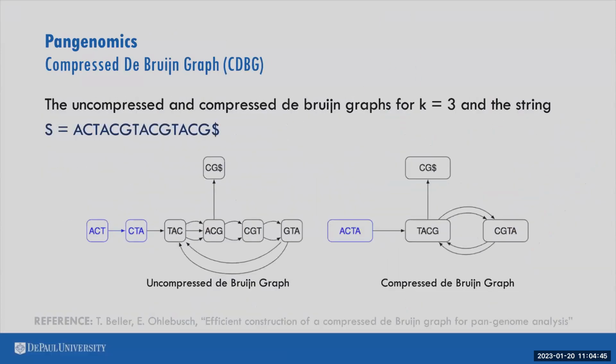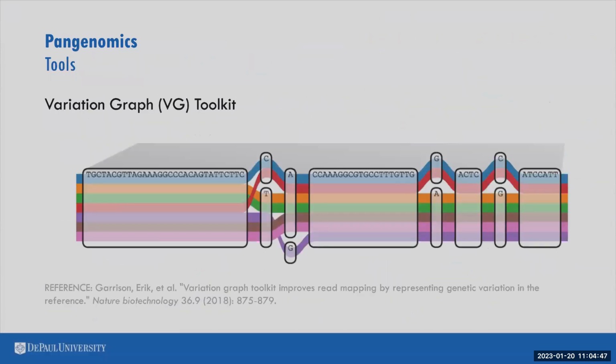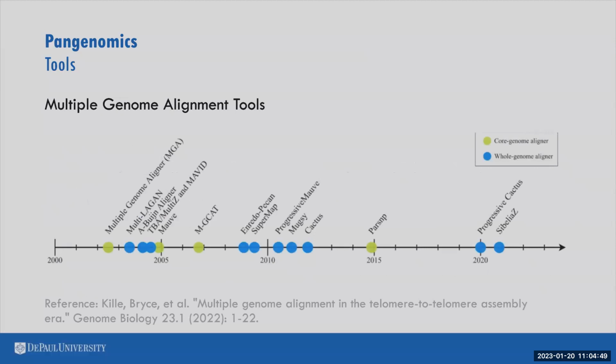Yes. What does it mean to bring in annotation? Oh, so genes. So right now, everything that I presented was just looking at the nucleotide sequences and then generating graphs based on the nucleotide sequences.